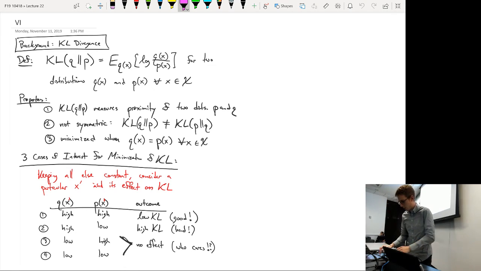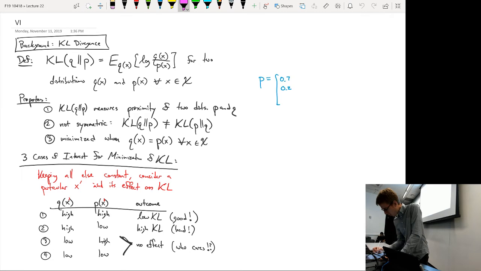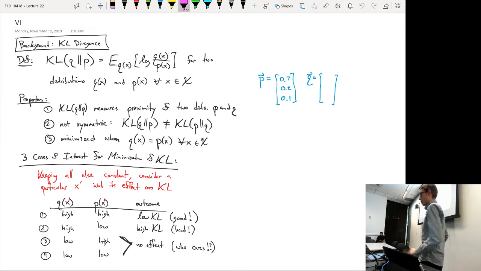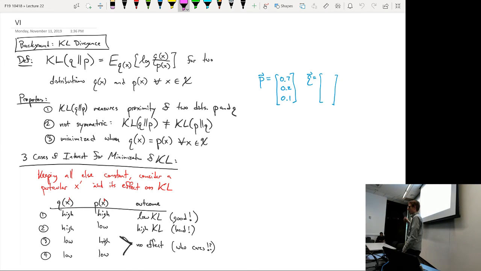Oh, what I'm saying though is, suppose for example P is an actual column vector of 0.7, 0.2, 0.1. This is your distribution P(x). And the question is, what values of the vector Q, defining a Q(x) distribution, would give back minimum KL divergence?